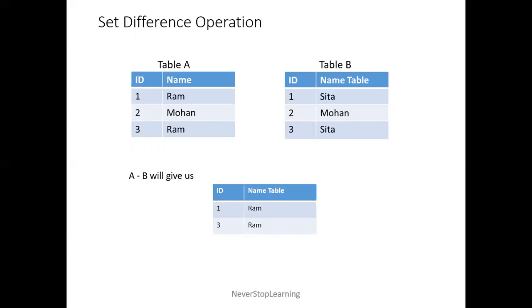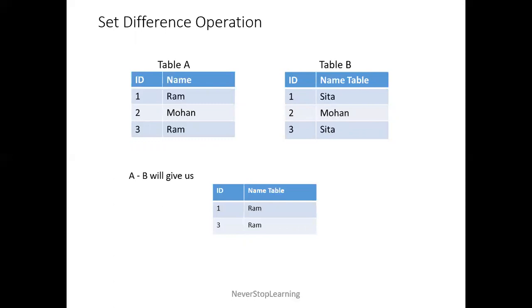If I'm doing A minus B, it will check only those rows which are present in table A and not present in table B. If I want one Sita, that is, rows of table B which are not present in table A, I have to do set difference B minus A. Then my output will be 1 Sita and 3 Sita.